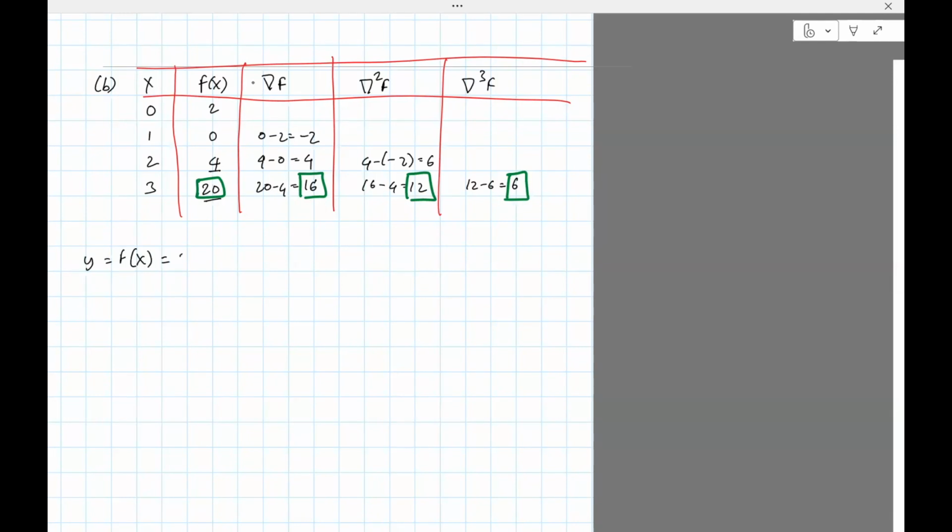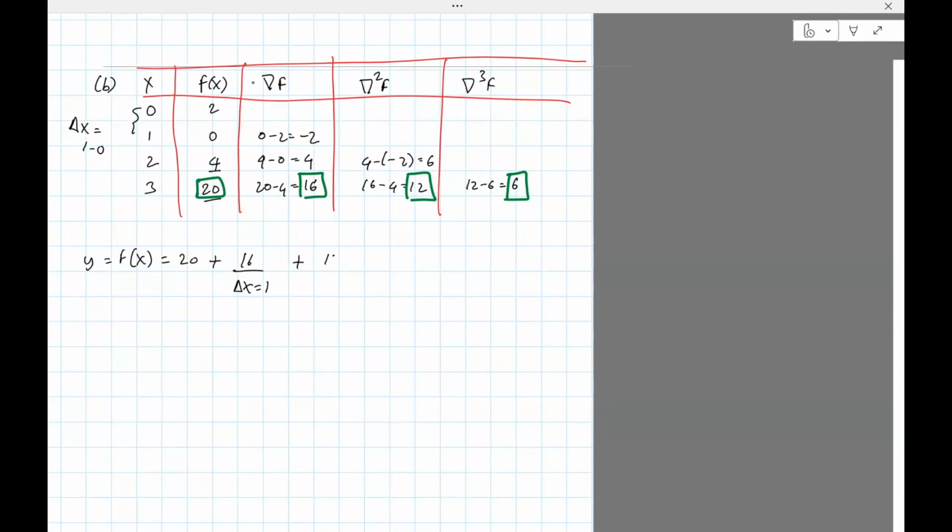First is 20, and it doesn't have anything. It's the constant part of the equation. Then we have plus the next one, 16 divided by delta x, but delta x is 1 because the same difference. Delta x is 1 minus 0 and so on.